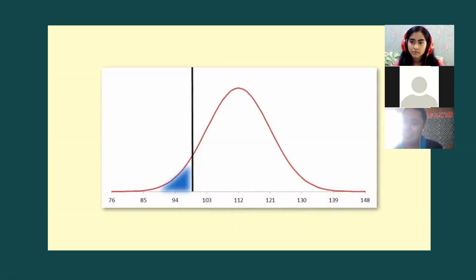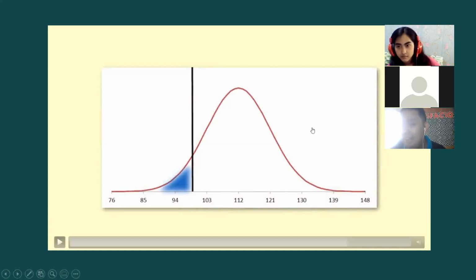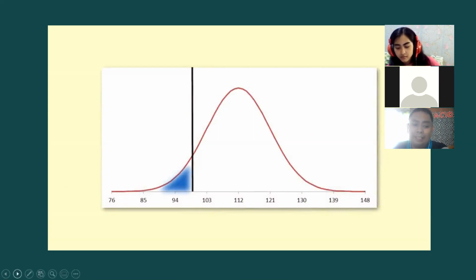Lahat na mas maliit ay nasa kaliwa at lahat naman na mas malaki ang sukat ay nasa kanan. Okay po? So, ang pinakamalaki, kung mapapansin nyo sa gitna, pataas siya kasi doon may pinakamalaki ang laman kasi yun yung pinaka-normal. Okay?